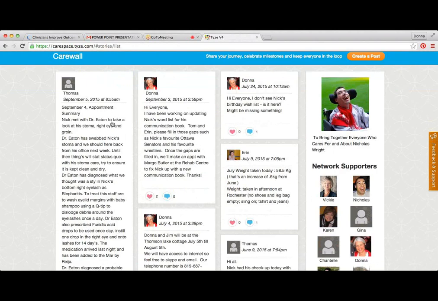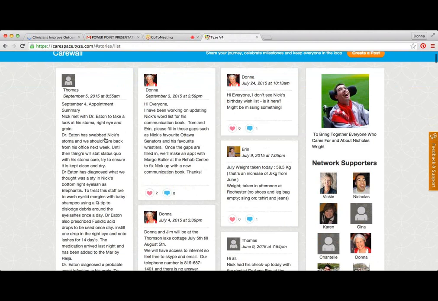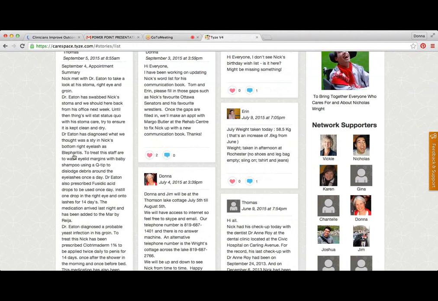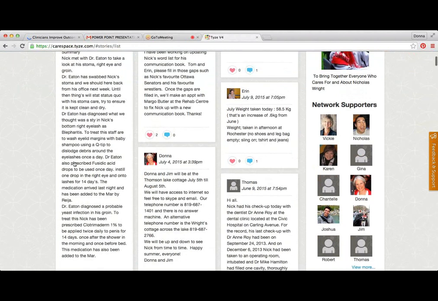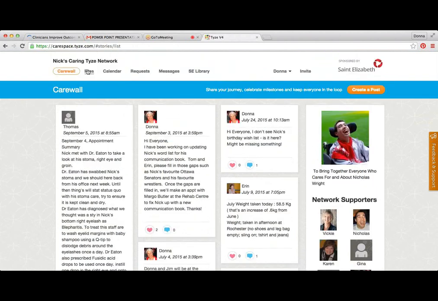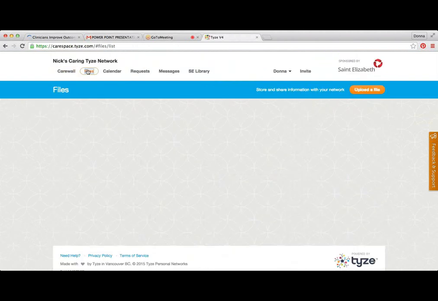This was a recent appointment to look at an infected stoma. There was also an infection in Nicholas's eye, which was diagnosed as blepharitis, and a probable yeast infection in his groin.